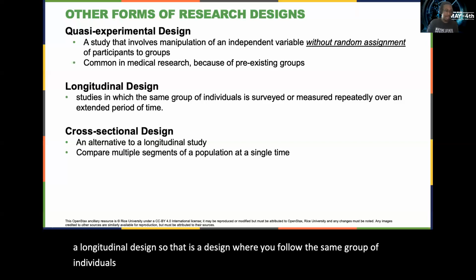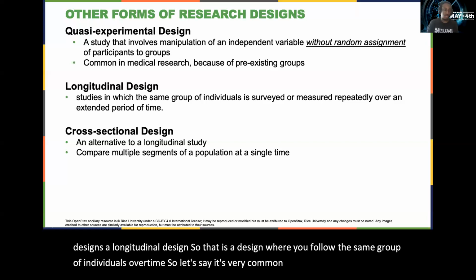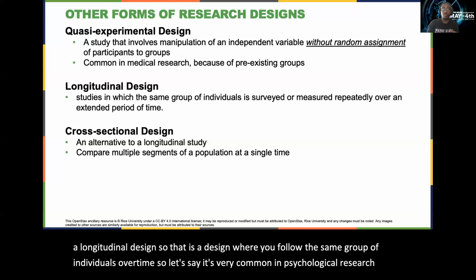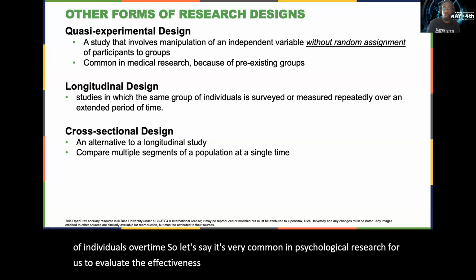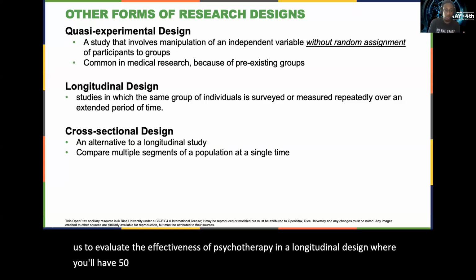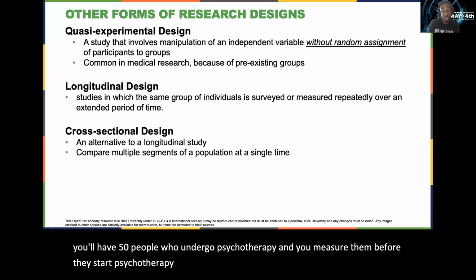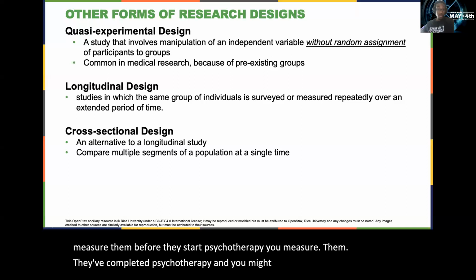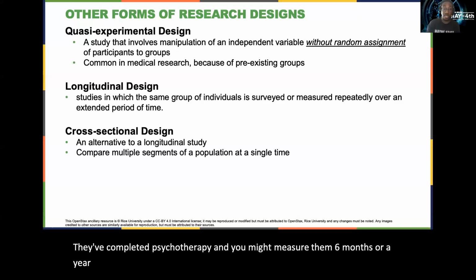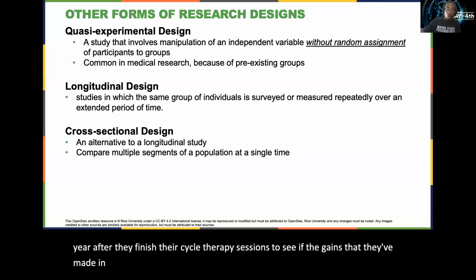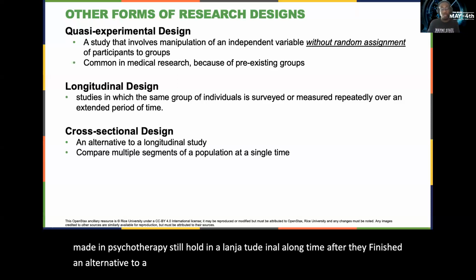It's very common in psychological research for us to evaluate the effectiveness of psychotherapy in a longitudinal design, where you'll have 50 people who undergo psychotherapy, and you measure them before they start, you measure them after they've completed psychotherapy, and you might measure them 6 months to a year after they've finished their sessions, to see if the gains that they've made still hold a long time after they've finished.